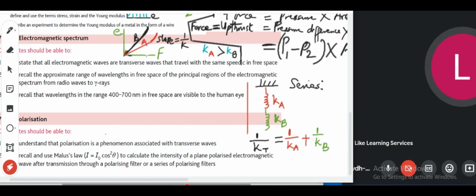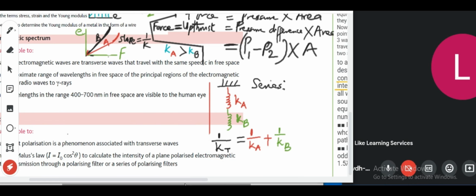Incidentally, when strings are connected in series, this is how we find the total spring constant, which is like what we do when resistors are connected in parallel. In fact, this will give us product over sum. If you have only two springs, for only two springs, this is going to be product over sum.